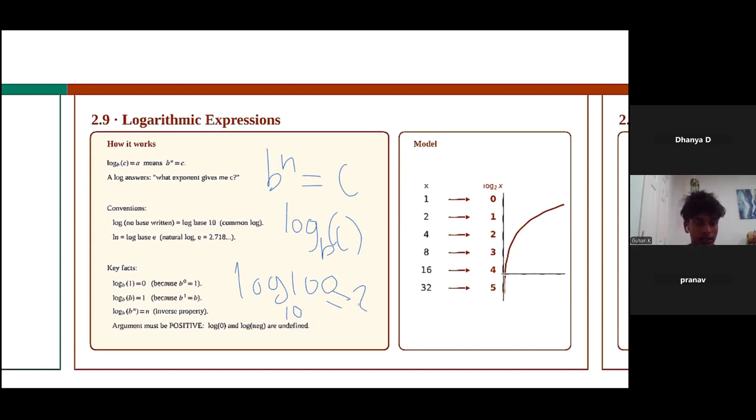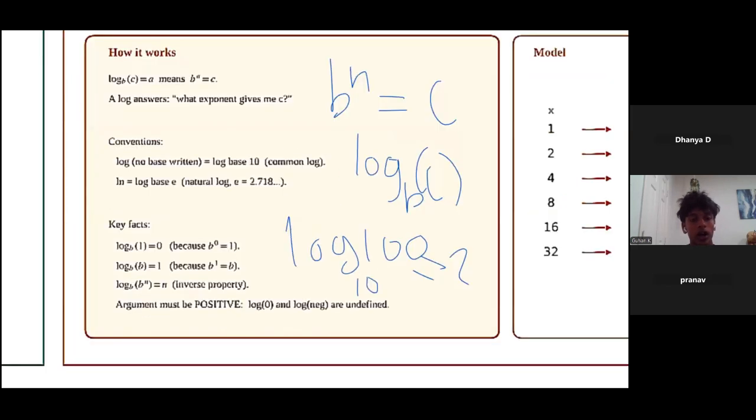Here are some key facts that you need to know for logs. I'm pretty sure you learned this in algebra too, so it's just a quick review. I'm going to go a little faster. Log b of 1 equals 0 because anything to the power of 0 is 1.